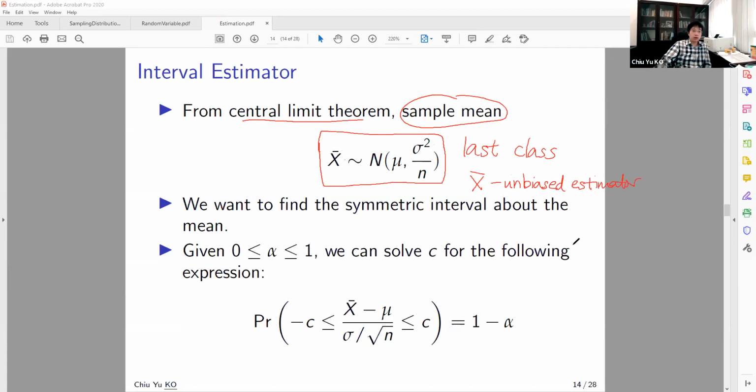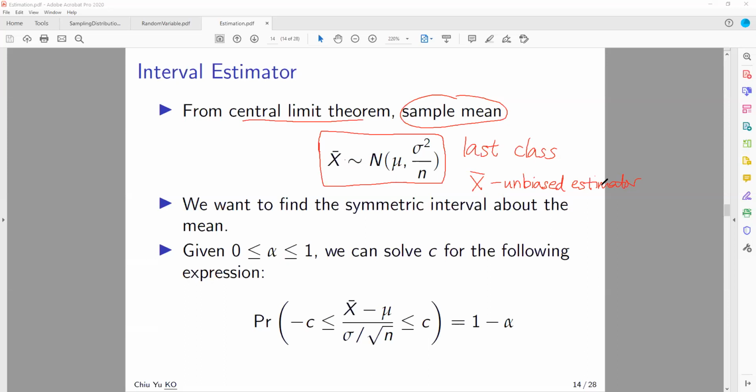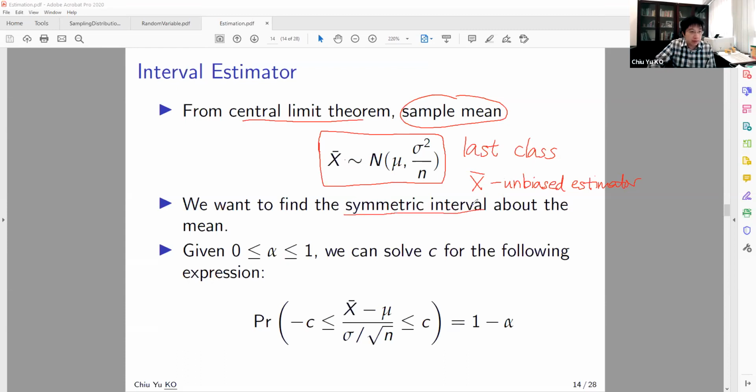This is a good point estimator, and it's also efficient among all the weighted average estimators. So it's pretty good. The question now is, instead of estimating one single point, we want to guess more. How do you proceed from that? What we mean by interval is that we want it to be symmetric about the mean.